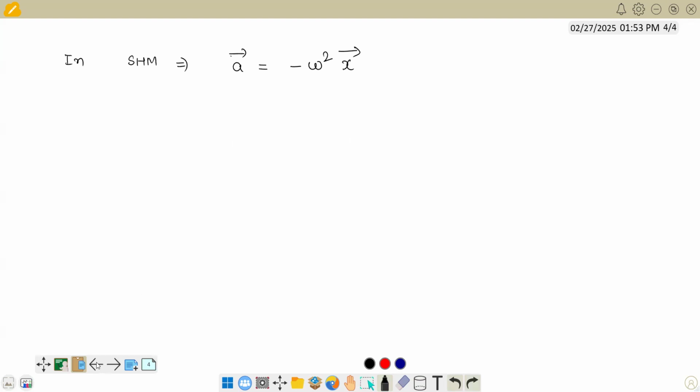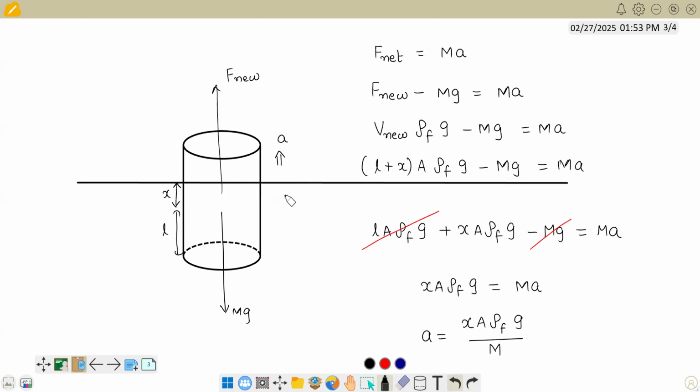So if you notice, if the displacement is down, the acceleration is upward. Both are in opposite directions. Then why didn't I get the negative sign? Here I am only considering the magnitude. If I take it with proper directions, I will get a bar equal to minus x bar A rho f g by m.